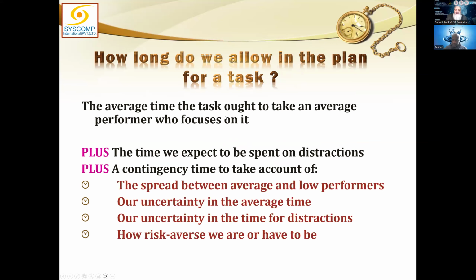The average time the task ought to take an average performer who focuses on it. Again, the point we earlier talked about, that people have different capabilities. When we calculate the resources for a task, we do not take the slowest worker or an average worker in mind.